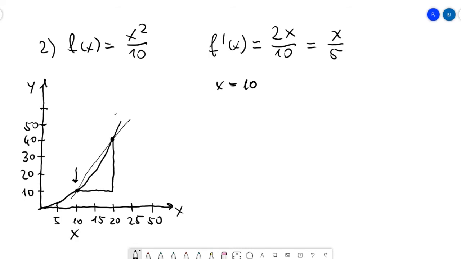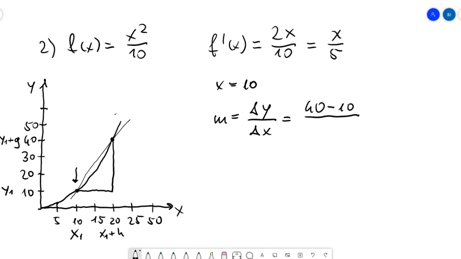This would mean here we have x1, and then x1 plus h, and here we have, let's say, y1, and then y1 plus g. As before, m equals delta y divided by delta x, which in our case is 40 minus 10 divided by 20 minus 10, which gives us 30 over 10, which is 3.